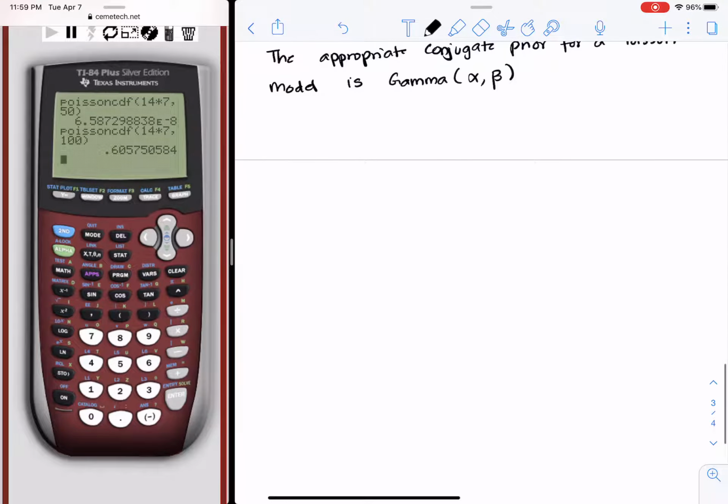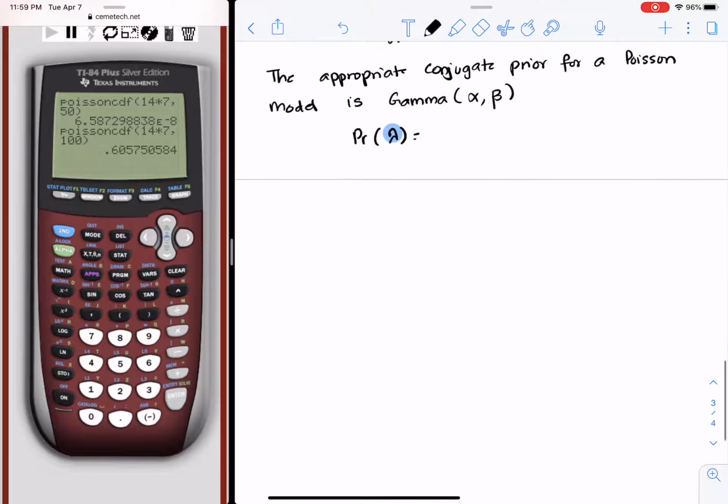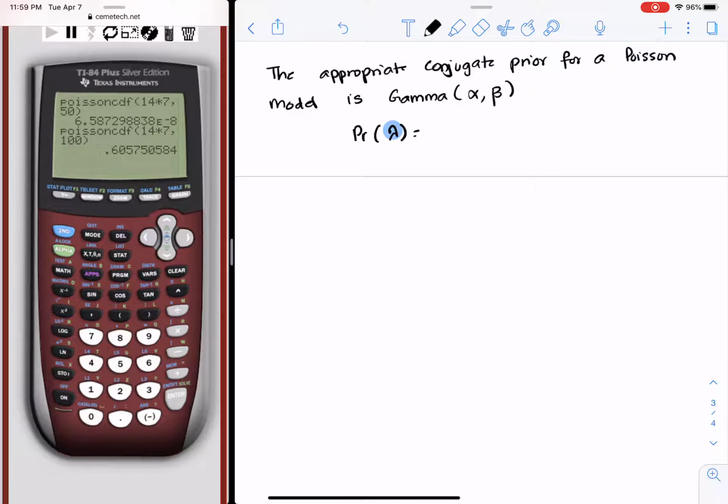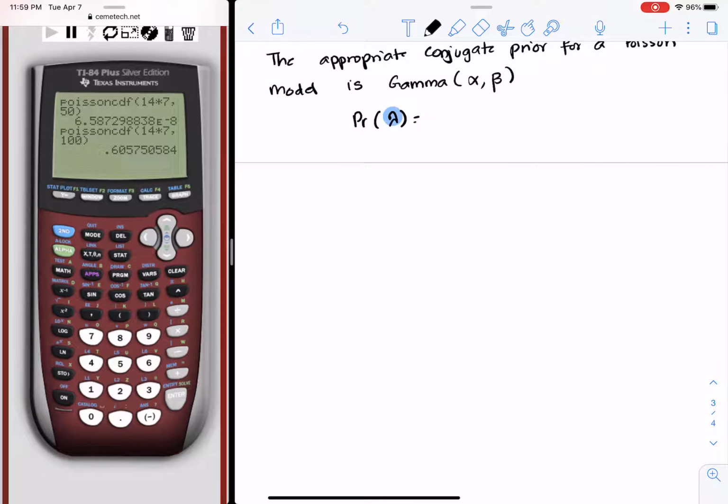A gamma distribution for the prior would simply look like this. There is a parameter lambda, and we have lambda raised to alpha minus 1, e raised to minus beta times lambda, divided by beta raised to alpha multiplied by gamma of alpha.